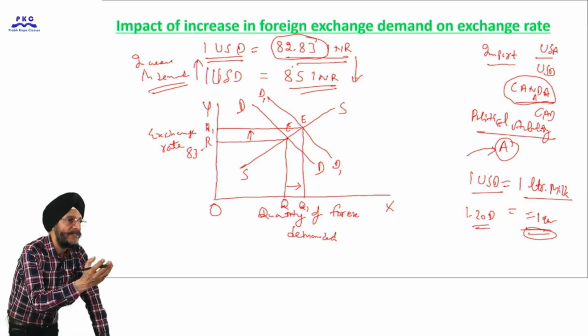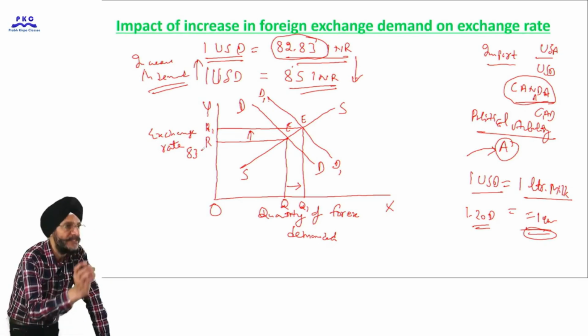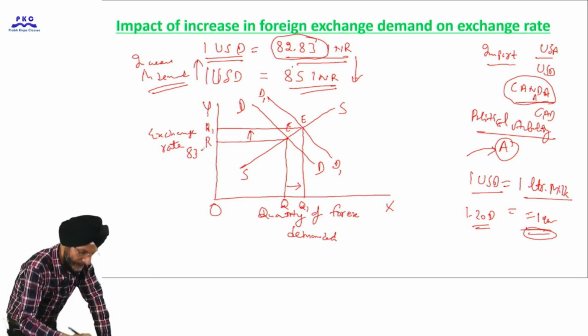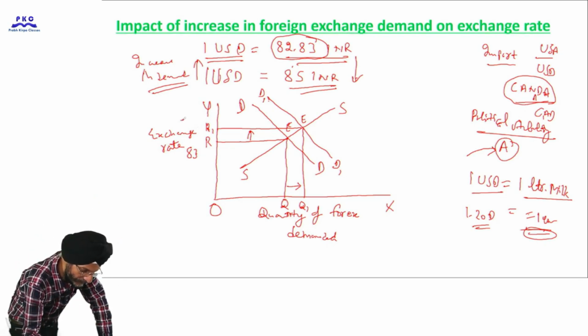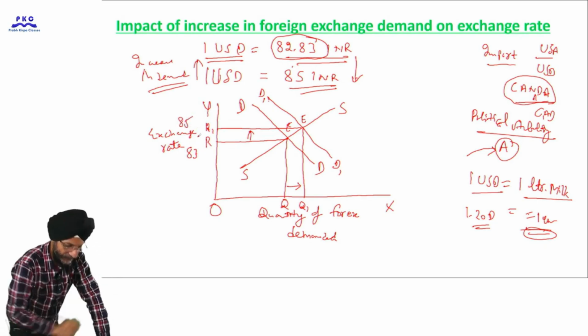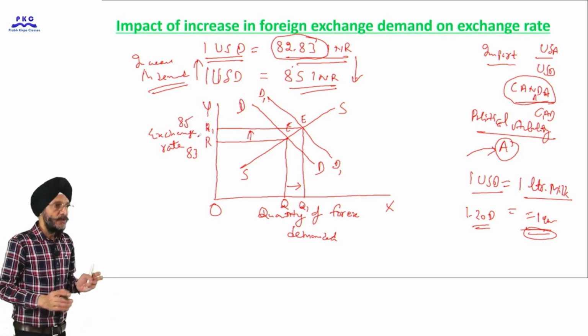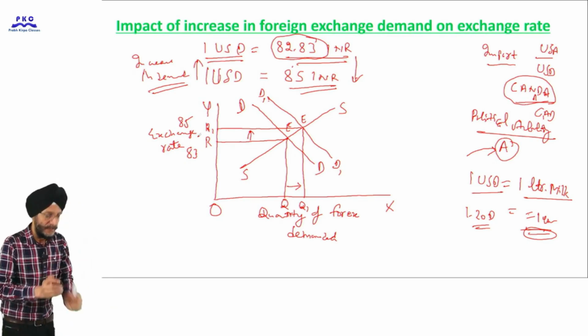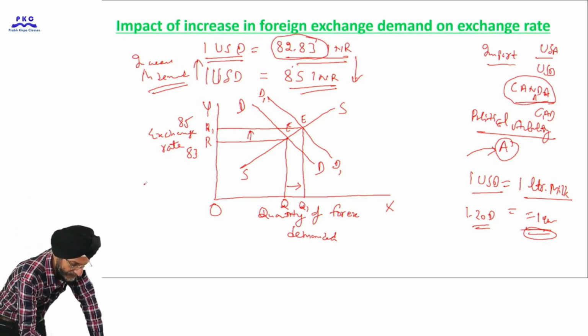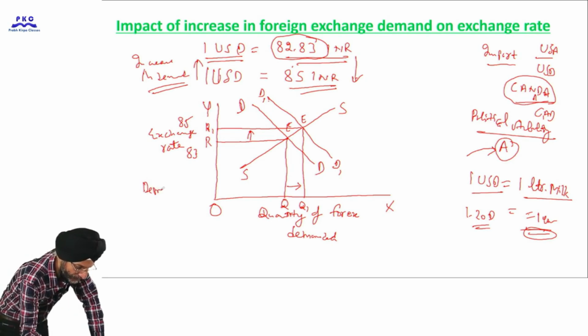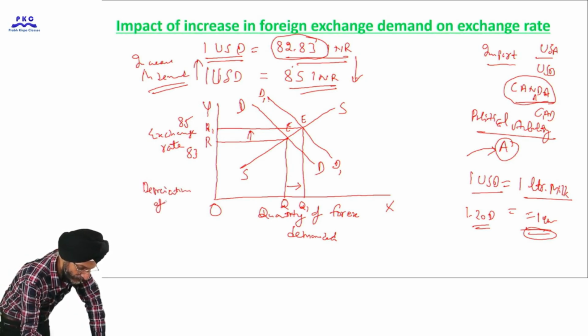When the demand increases, the foreign exchange rate also increases. So we assume that it has increased to 85. So what has happened? It is depreciation of domestic currency.